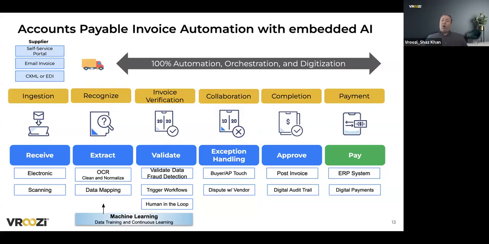You can then involve humans to review exceptions by intelligently identifying the right people that need to react to that invoice, or digitally collaborate with the supplier, in which they can actually go through a dispute process in real time with the supplier through some type of digital connectivity. And then finally, approving and paying those invoices. Every one of these areas has an ability to be digitized and automated.